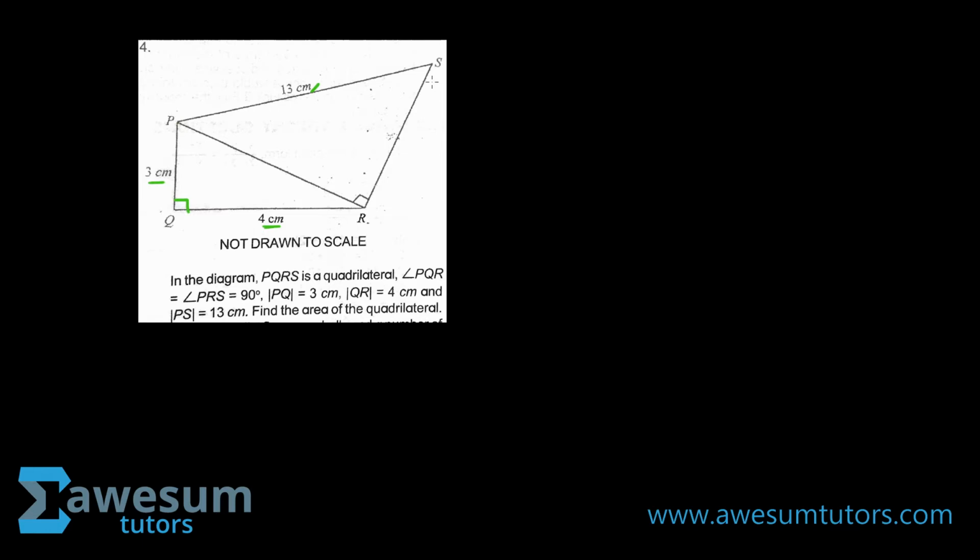Now, if you take a look at this, you realize something right here: the area of the quadrilateral PQRS will be equal to this. You will take notice that the quadrilateral can be divided into two triangles.